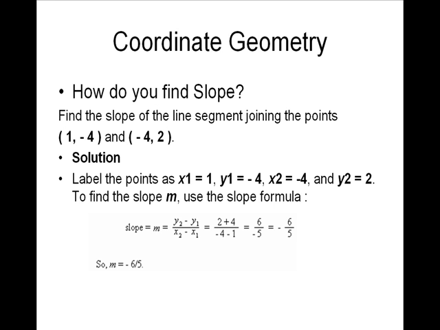Now if you look at the slope formula that I'm using, slope is identified as m. You'll see that in the equation of the line a few slides down the road. So the change in y, y2 minus y1, over x2 minus x1. You just plug in these numbers that I have labeled above, and bam, you get your slope. Pretty easy, huh?